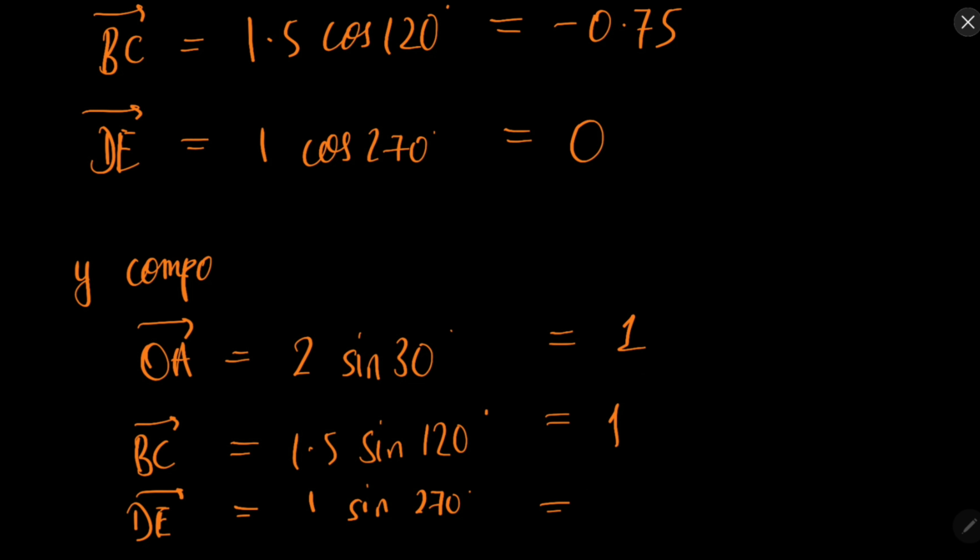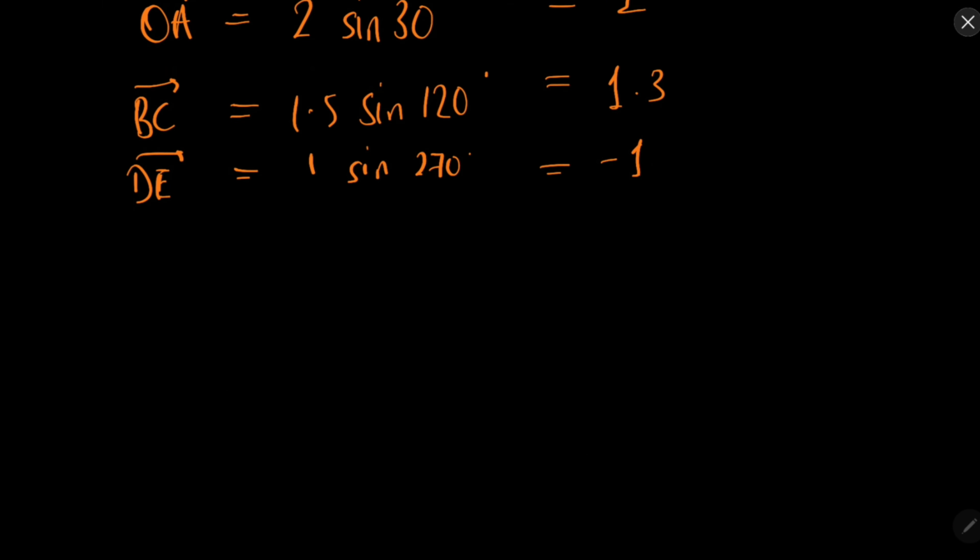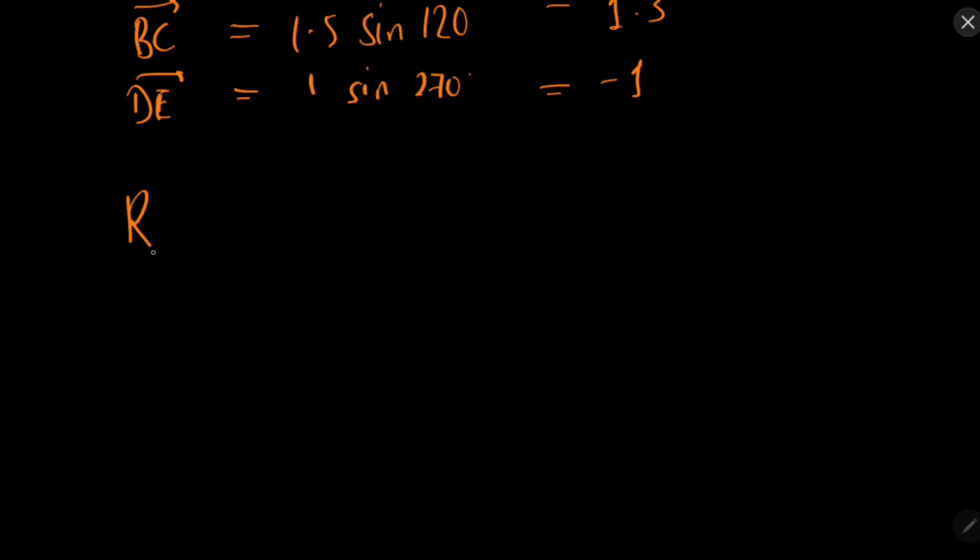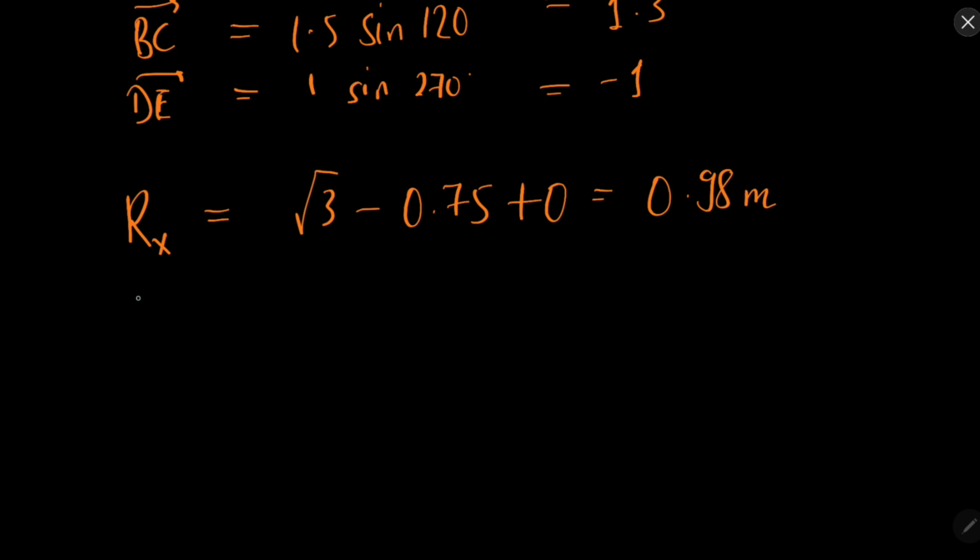This is 1, this is 1.3 and this is minus 1. So resultant x component will be root 3 minus 0.75 plus 0. After solving you will get 0.98 units. And y component, 1 plus 1.3 minus 1, that is 1.3 units.